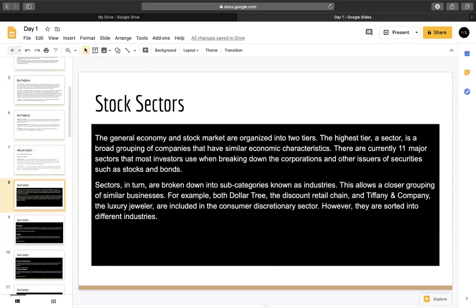Sectors are in turn broken down into subcategories known as industries. This allows a closer grouping of similar businesses. For example, both Dollar Tree, the discount retail chain, and Tiffany and Company, the luxury jeweler, are included in the consumer discretionary sector. However, they are sorted into different industries.